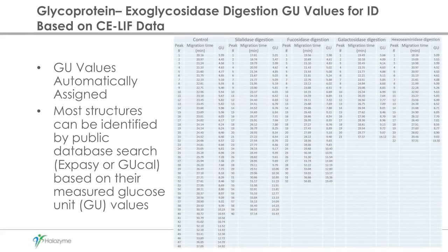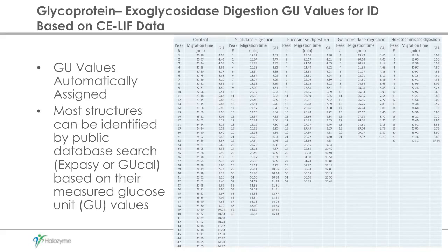And here I just wanted to touch on that GU database that SCIEX has provided. Using this database, you can pull up your raw data file and assign your internal standards.